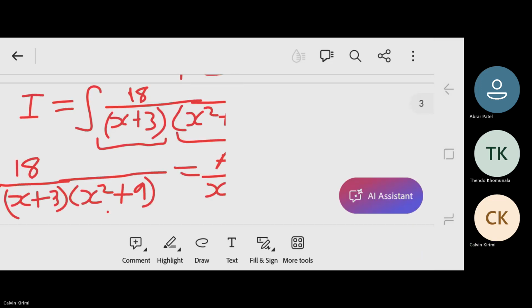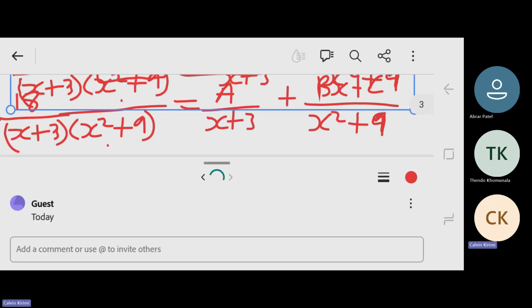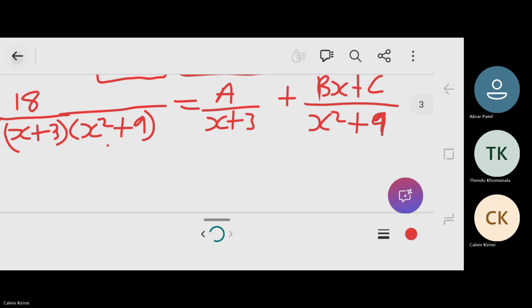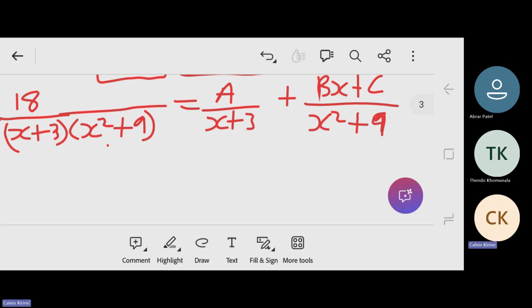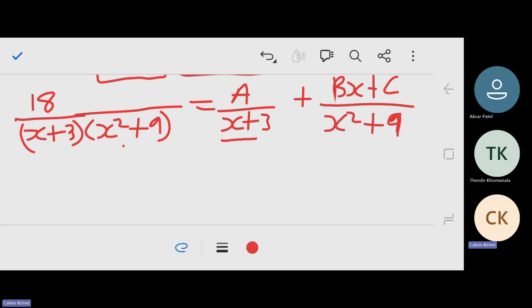Right. So that's where we are. We want to equate the constants. This denominator of ours goes into this one how many times?